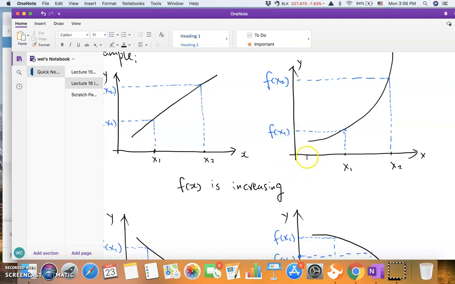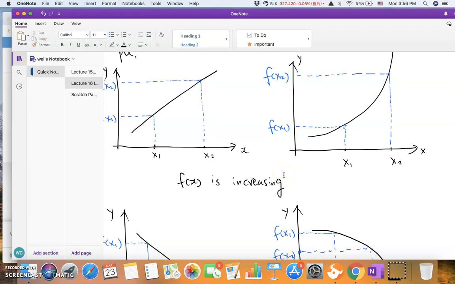Okay, like here, when I trace on the x-axis from the left side to the right side, during this process, the graph rises up, so the function is increasing.